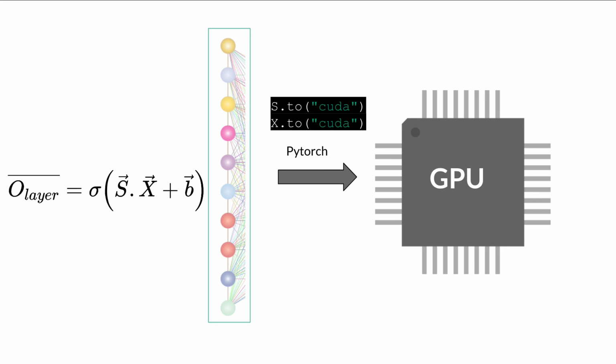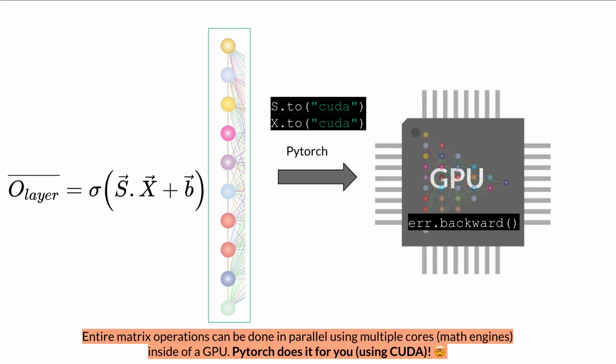And CUDA is the programming model used by NVIDIA to do hardware acceleration of matrix maths or deep neural networks. And so we can move our neural network to the GPU and invoke our backward function and do our forward function on it. And now the entire matrix is done in parallel using multiple cores, math engines.